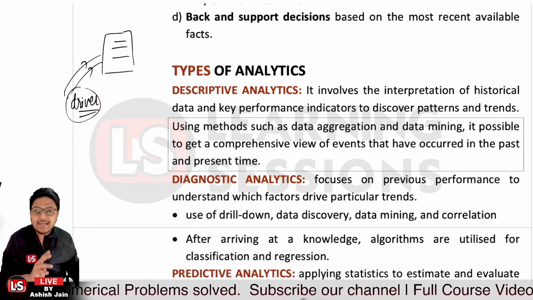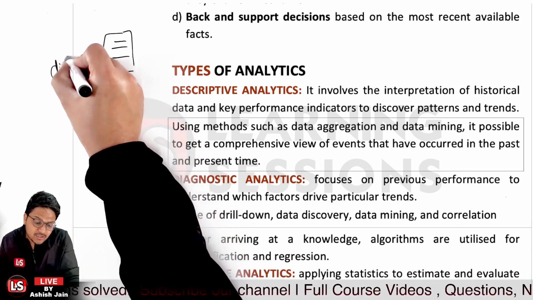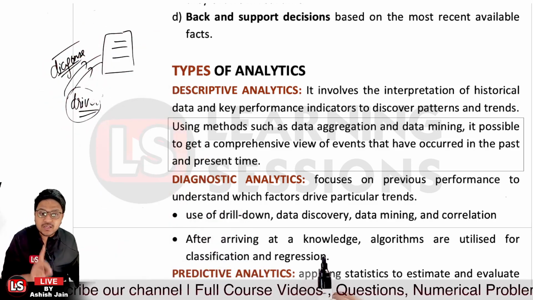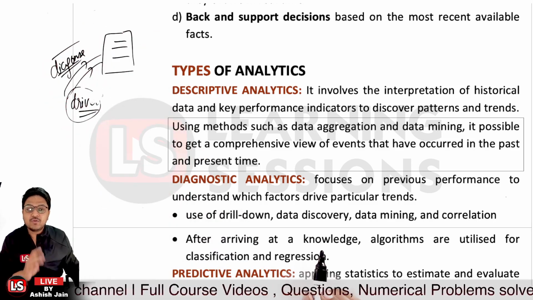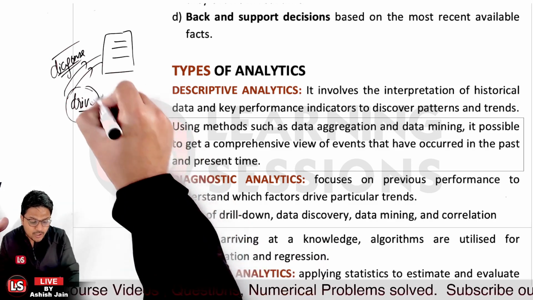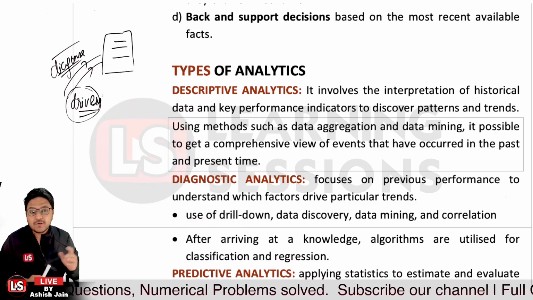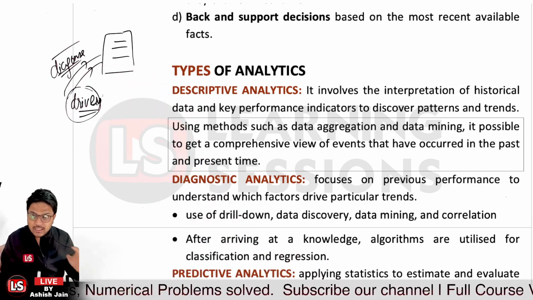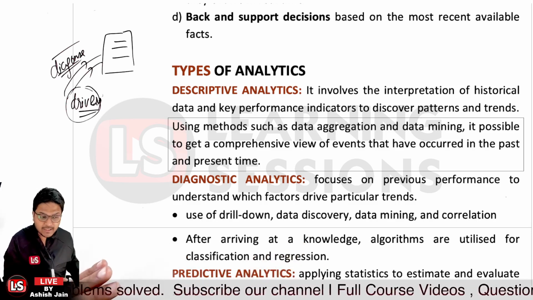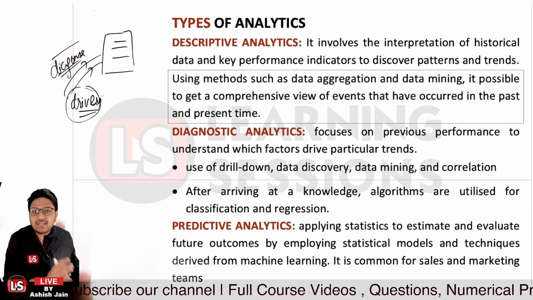That's diagnostic analytics, because we are going to diagnose the reason for this outcome. We can use drilling down, data discovery, data mining, or correlation to look into the factors that caused this event. Further, we can use different algorithms or classifications to look at a particular event, right?